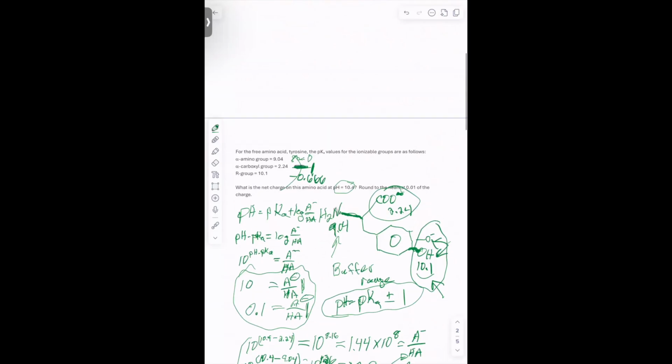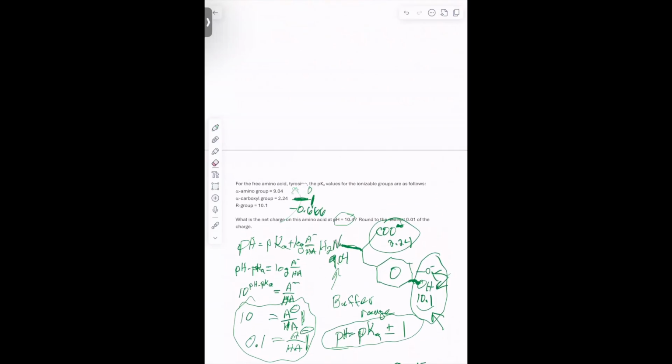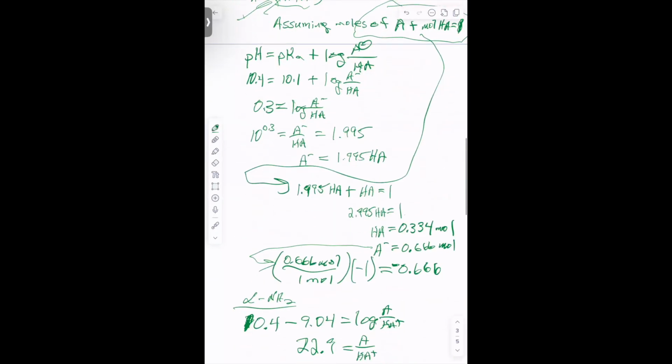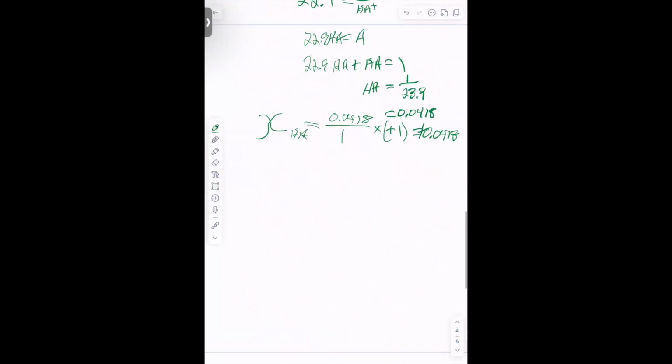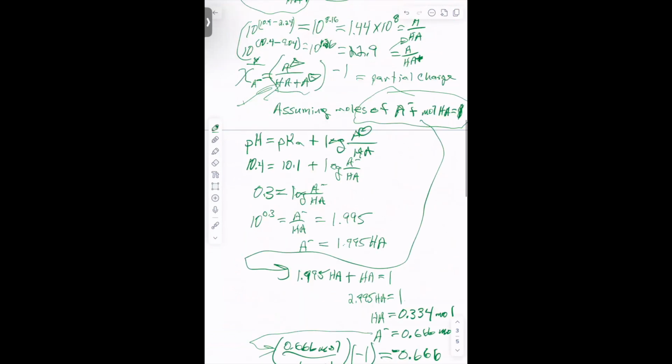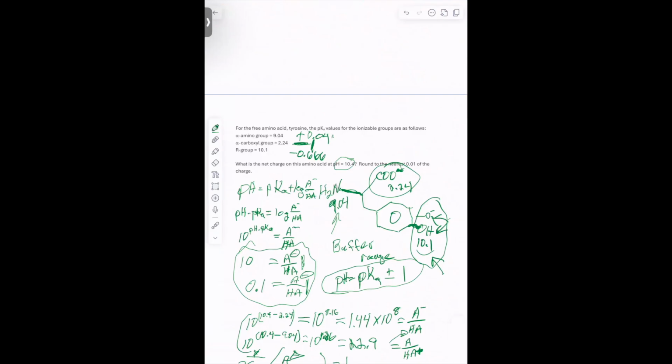Probably not a whole lot, but this will be plus 0.0418. And once I go through all those steps, I now add them together, and that sum represents the net charge on that group at pH 10.4. So let me add them together.